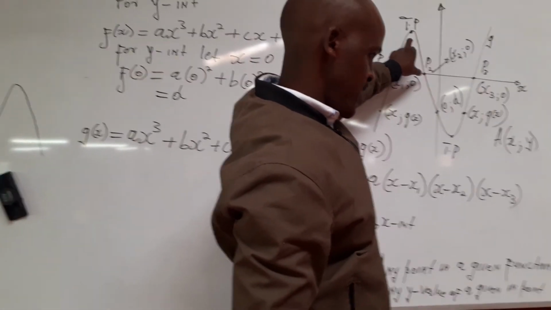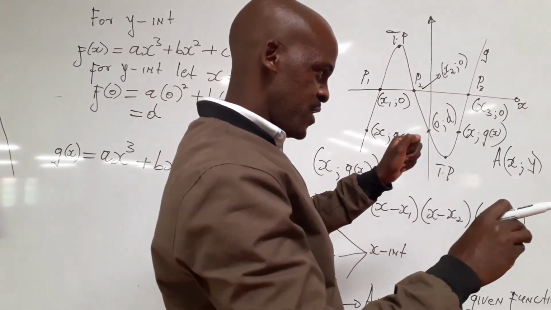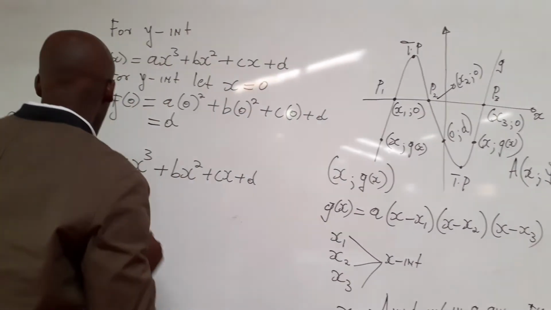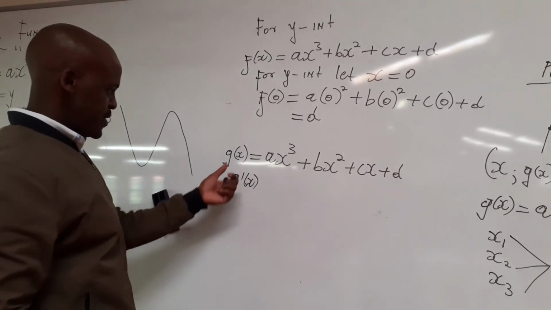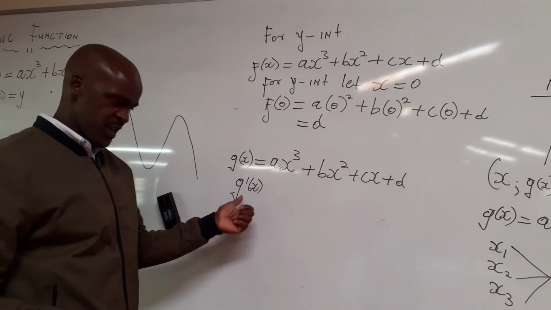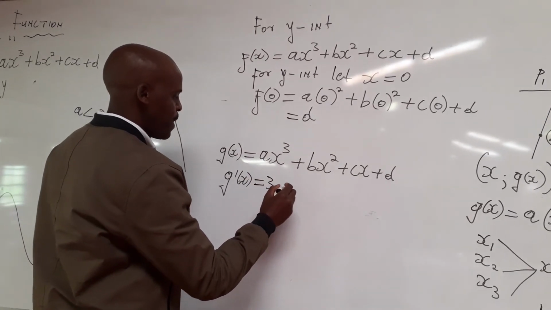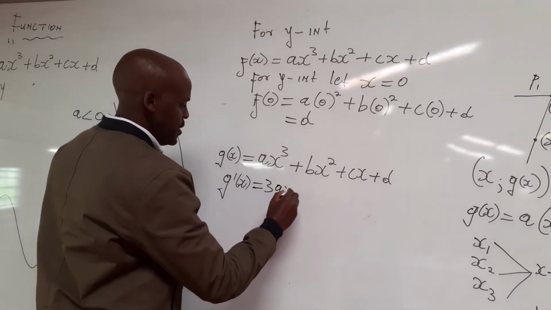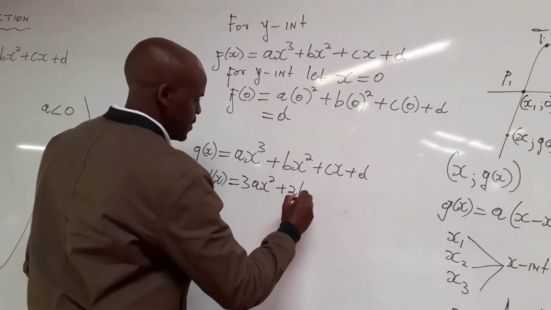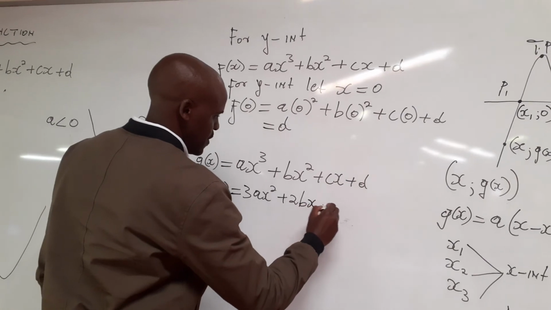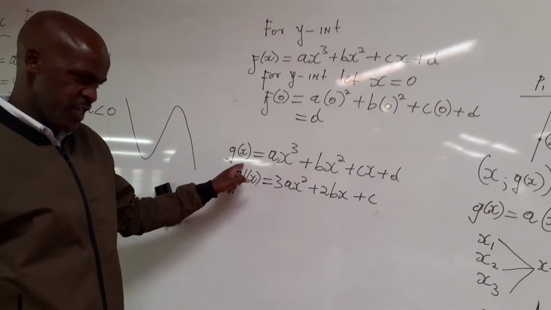So you derive the function of g to find the gradient. This will be 3ax squared plus 2bx plus c. We are deriving the given equation.